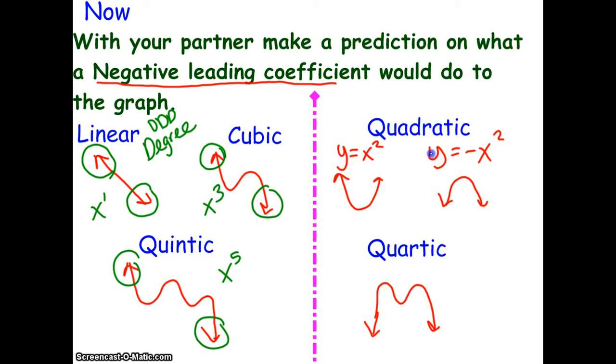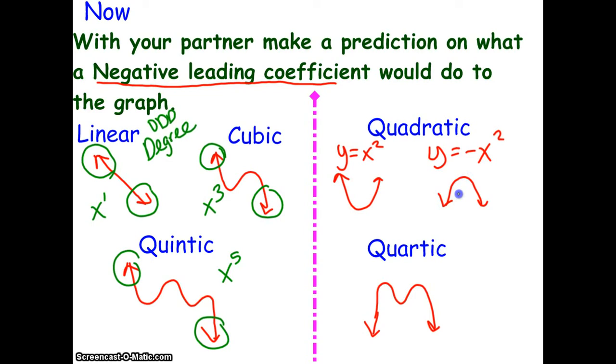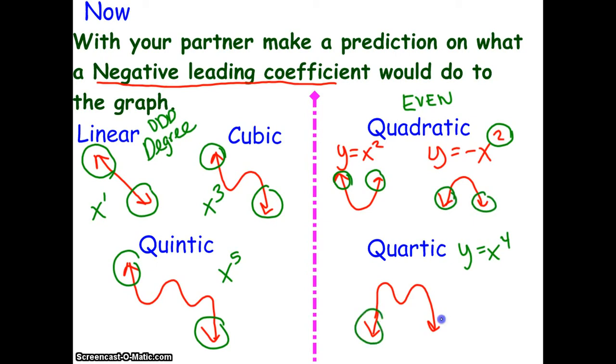What about a quadratic and a quartic? Well, it's an even degree. So all the even degrees, x to the second, x to the fourth, 6, 8, 10, 12, and so forth, have the same behavior at the ends of the graph. So today we're going to focus on how they behave.